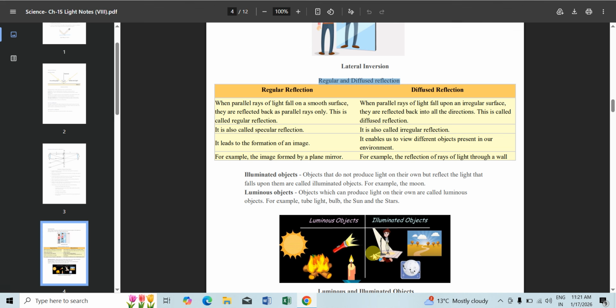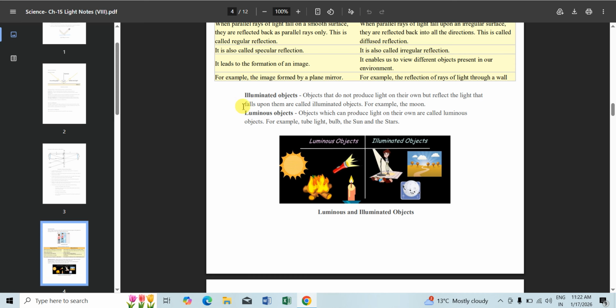That cannot be told due to grooves and ridges inside the surface, okay. So you can take the example of reflection of rays of light from a wall, okay. Your wall also reflects the light, but they get reflected in any direction, so you cannot see the image.